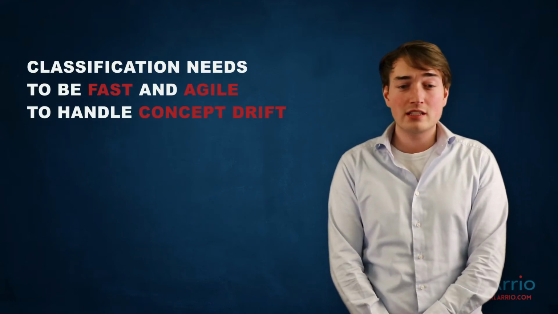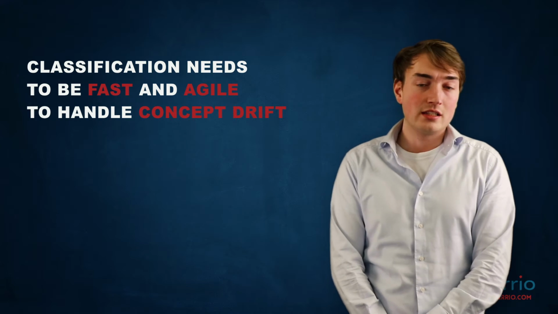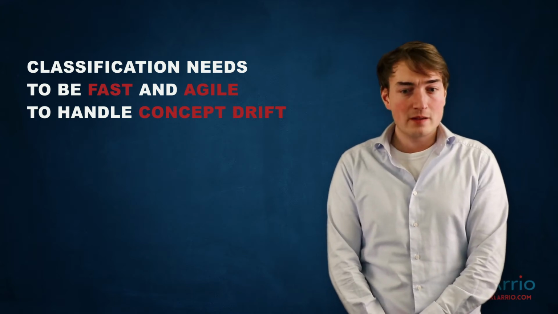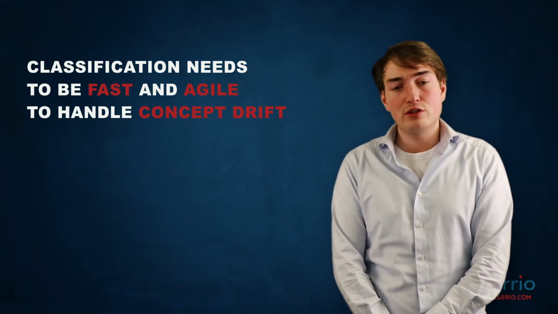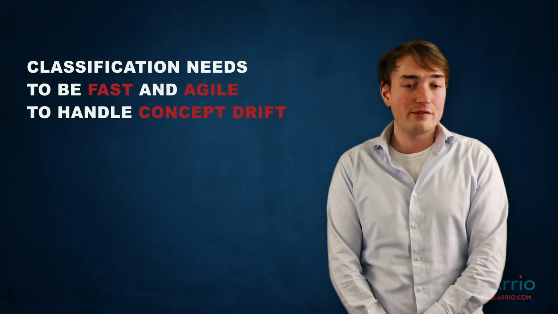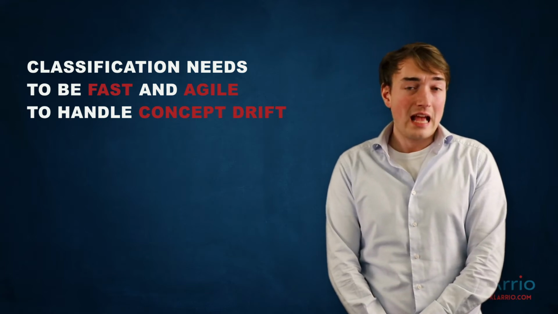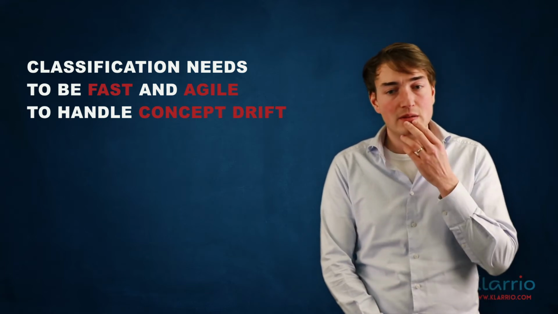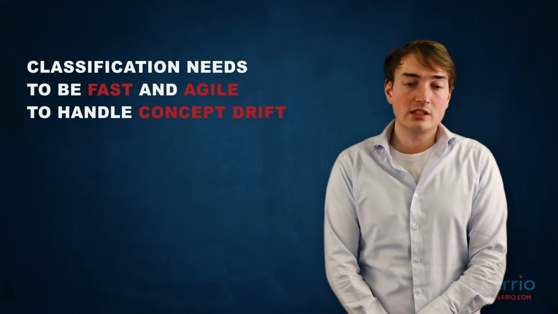Dealing with the second problem in fraud detection, the classification needs to be fast and sufficiently agile if there is concept drift. So we want new models classifying fast, and as discussed, able to deal with concept drift.